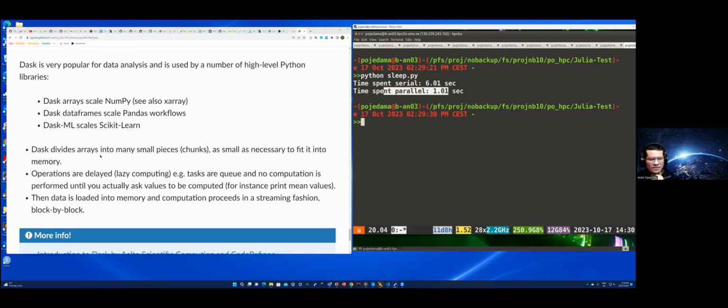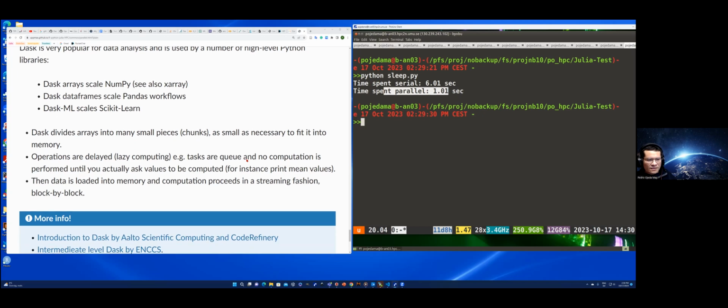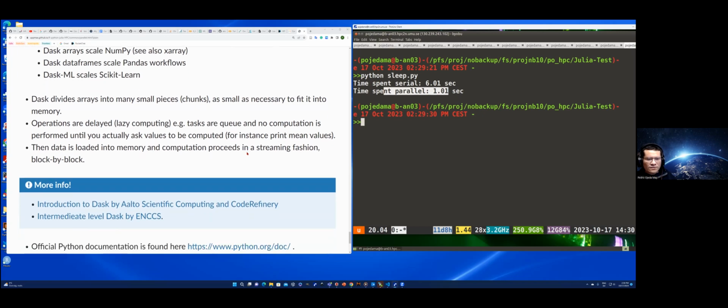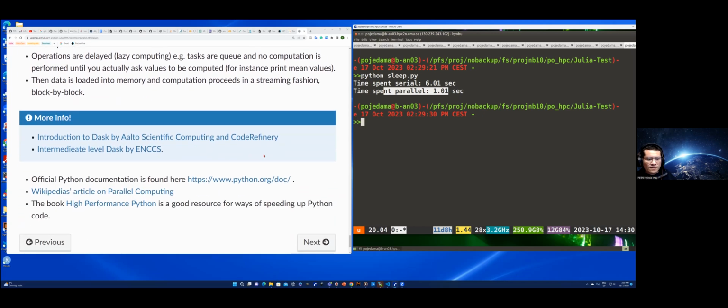It divides the arrays into small pieces, and it offers some type of asynchronous computation, right? Where you launch different tasks, and then you don't wait for them to be executed, but they are just queued. So this is another workflow. Okay, that's it from my side.